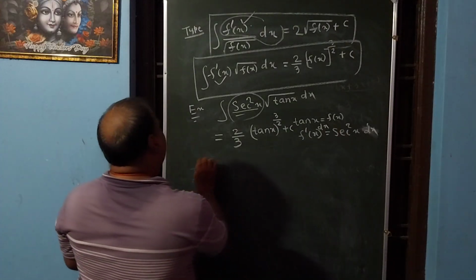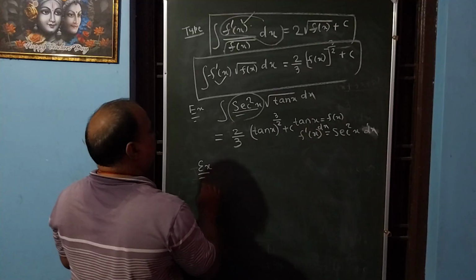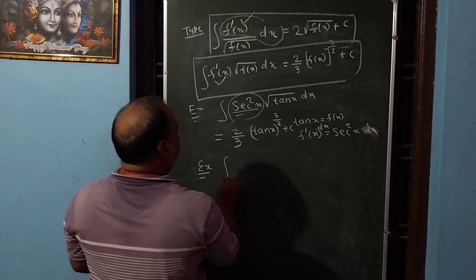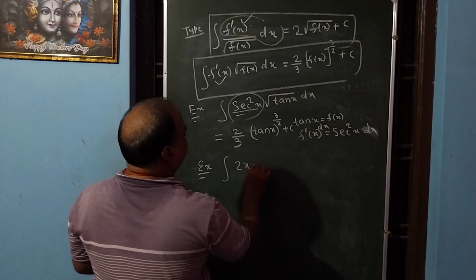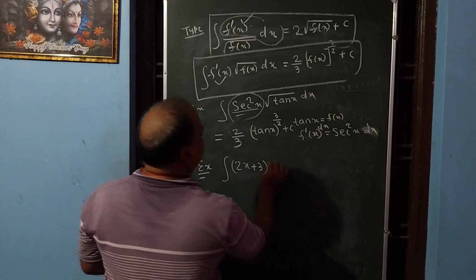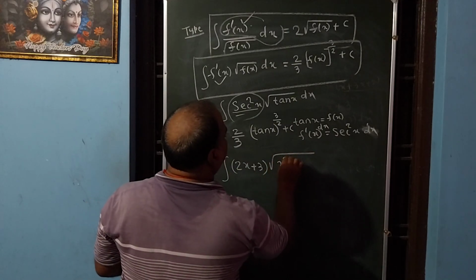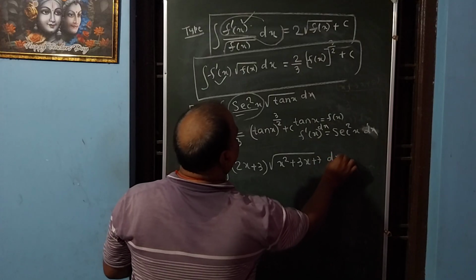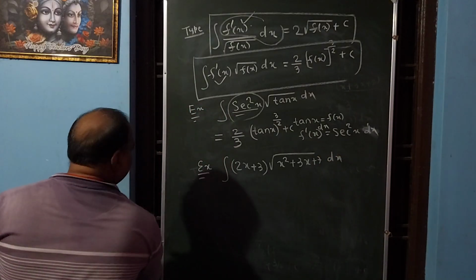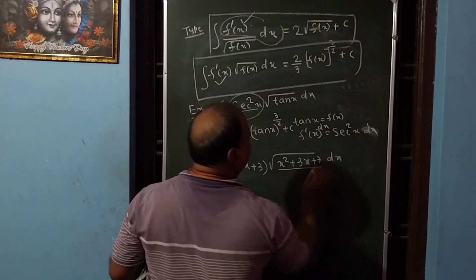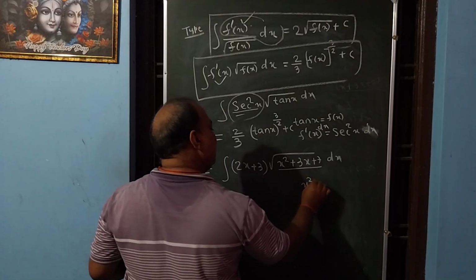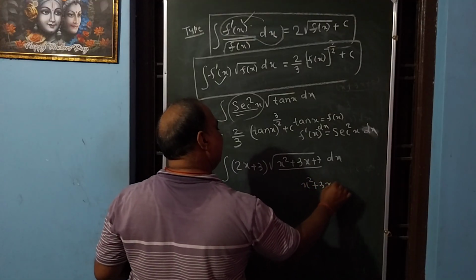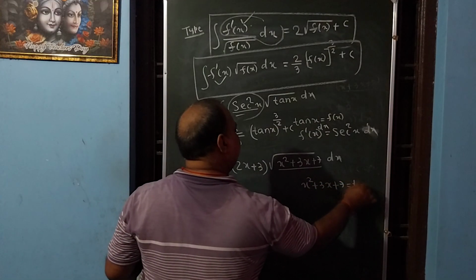Now let us take another example. 2x plus 3 times root over of x square plus 3x plus 7 dx. Okay, so you have to put this quantity as t. Write down x square plus 3x plus 7 is equal to t.